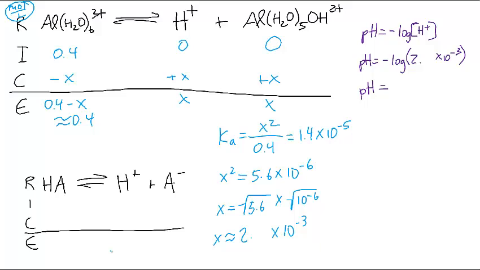So like 2.3 or 2.4? All right, so in the end, the concentration of H+ is 2.4 times 10 to the negative 3.